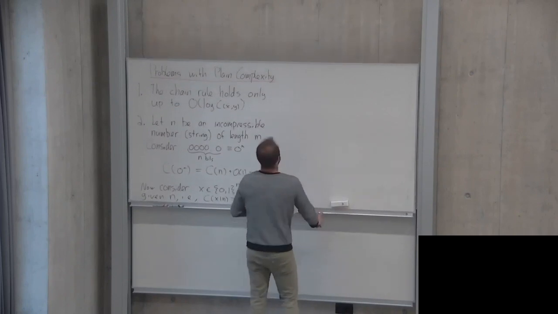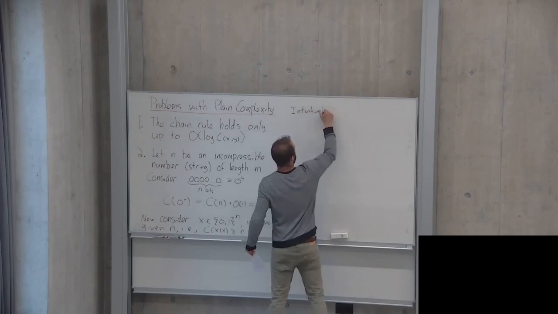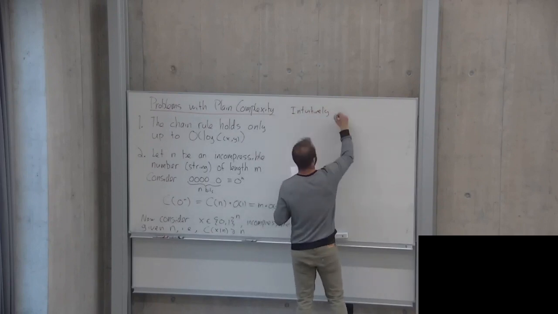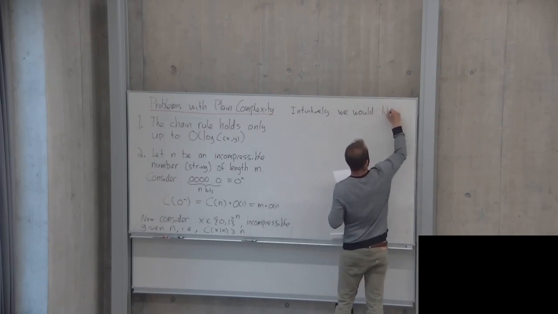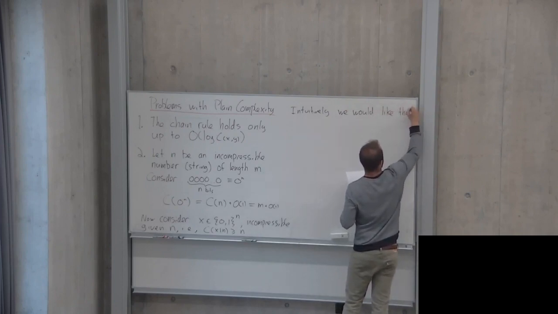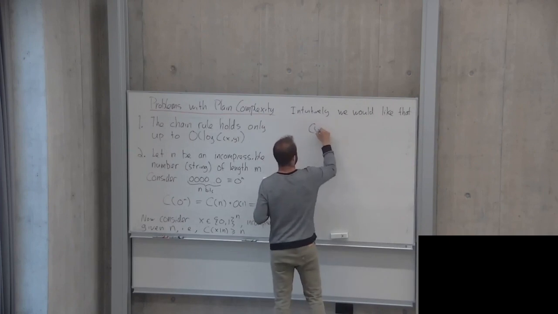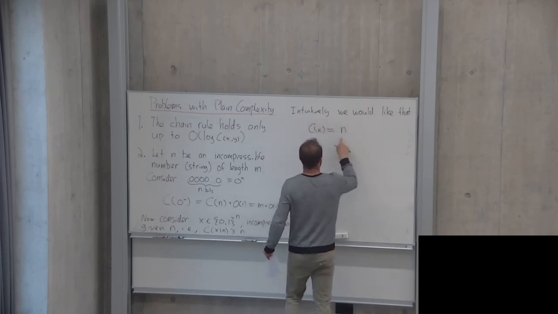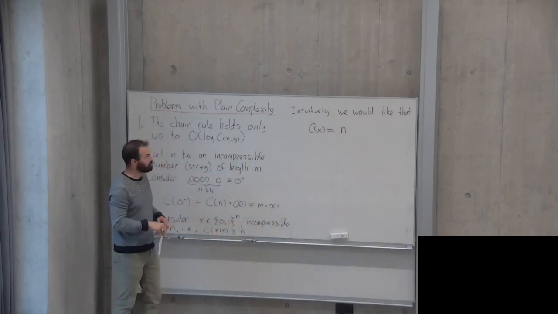And so intuitively, that's again a desire: we would like that C of x is equal to n, the length of the string x.